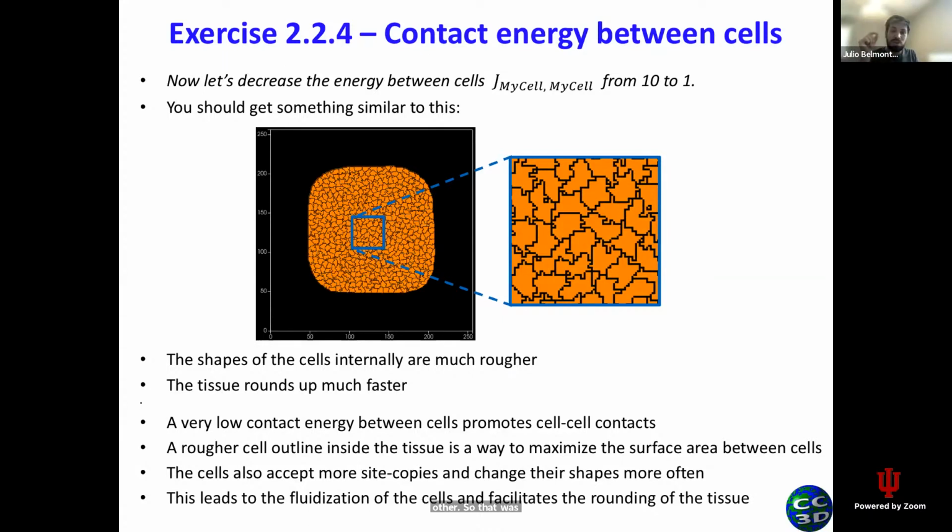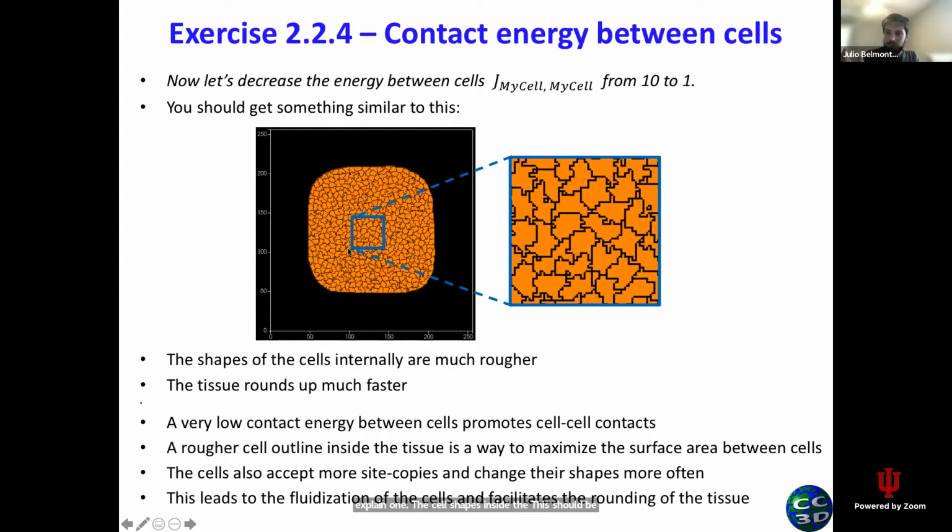When you change the energy between the cells, you see an effect in the bulk of the tissue, as expected, because it's in the bulk of the tissue that this energy is being used, right? So the cells become more jagged, more irregular, because we want to maximize their contact with the other cells, okay? So that explains why the cell shapes inside the tissue become like that.